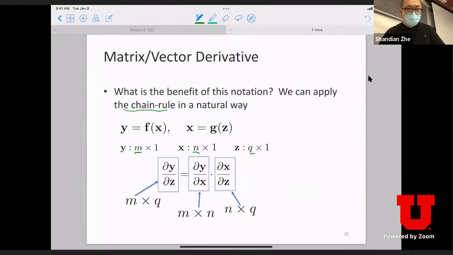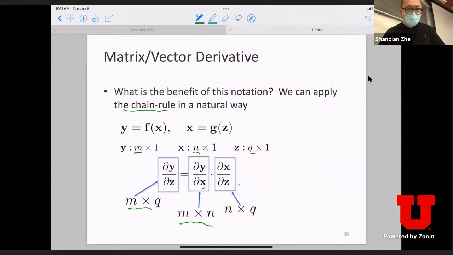We know that partial y over partial z should be the Jacobian, so the size should be m by q. Of course, it's a composite function, so we should apply the chain rule. We first calculate the partial derivative of y with respect to x, and then the partial derivative of x with respect to z. According to the Jacobian, partial y over partial x must be m by n.